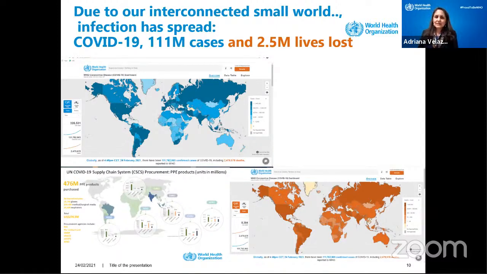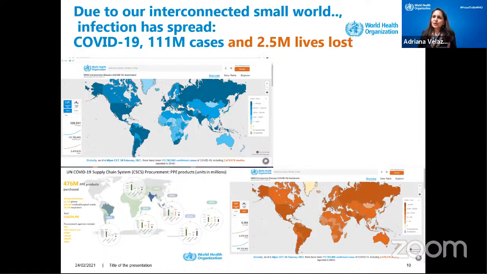So just last year, we dedicated ourselves to developing technical specifications for PPEs for COVID to protect healthcare workers. So that you have an idea, with the specifications that we did, and that is the slide on the left hand, WHO purchased 476 million PPE products, and they were sent to 180 countries.